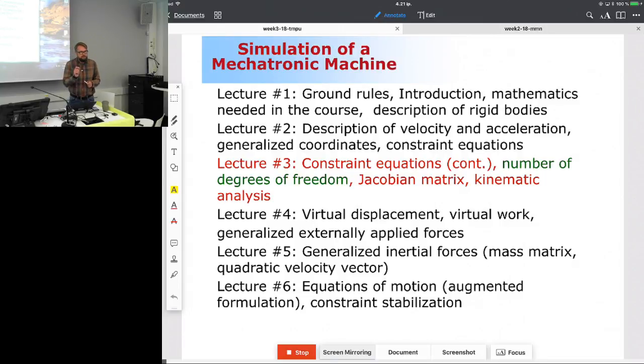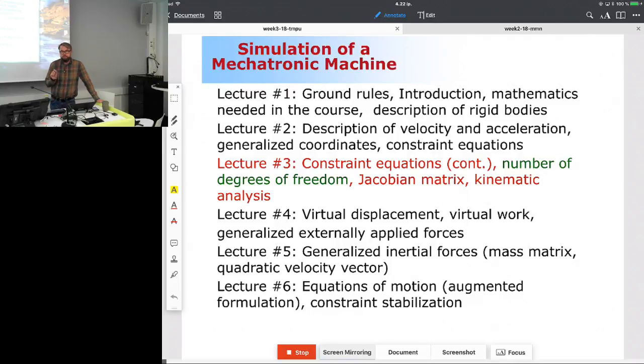That means we have an equal number of equations and unknowns. So then it's all about solving a set of nonlinear equations. We have learned from previous courses, from mathematics and other courses, how to do that. So we're simply repeating those tools to solve the kinematic analysis. It's a little unclear if we're really going to have time to do that today, because there's so much other stuff that we have to cover before that.